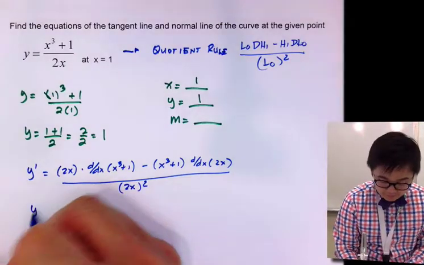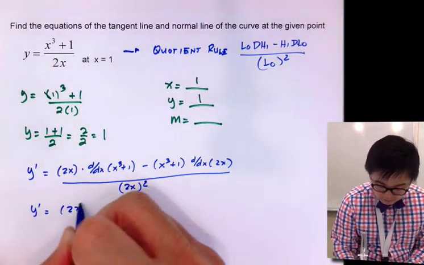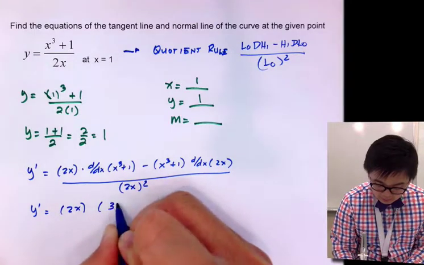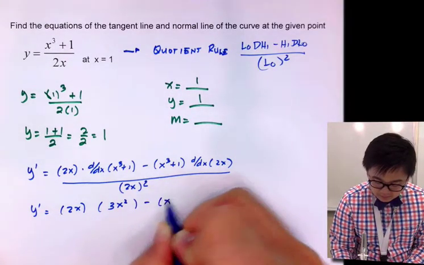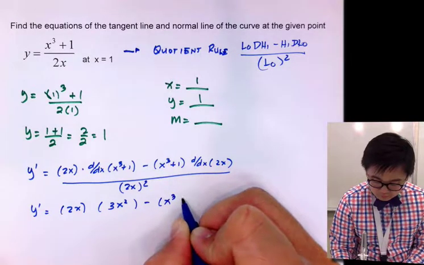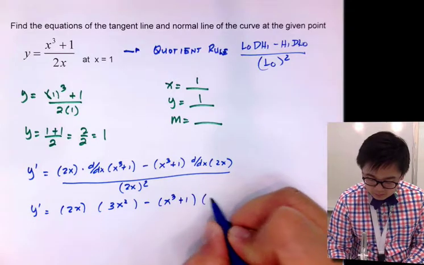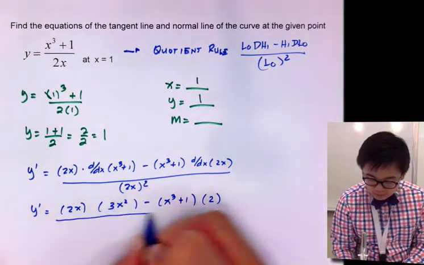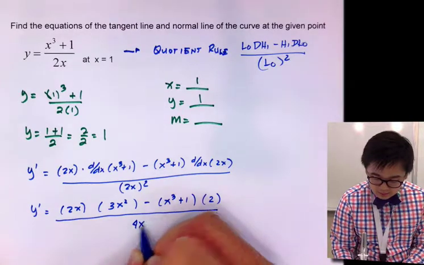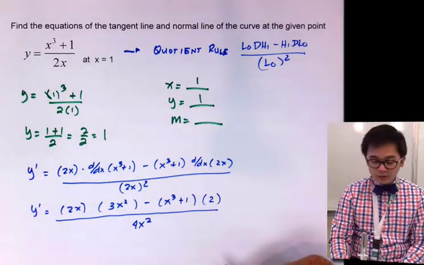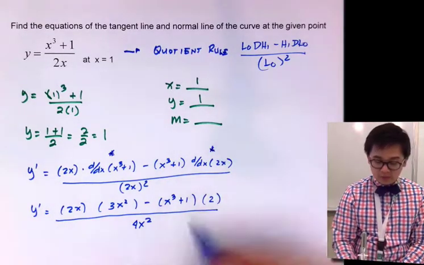And by simplifying it and applying the rules of the derivative, we'll have 2x times 3x squared minus x cubed plus 1 times 2 all over 4x squared. So we have taken this derivative and this derivative right here, and that's why we have these functions.